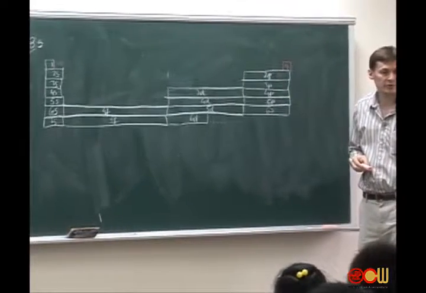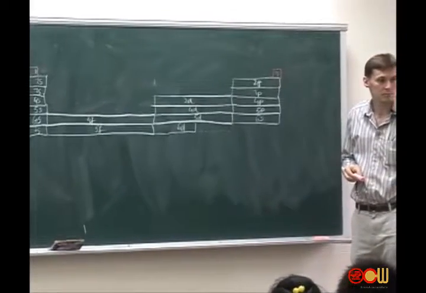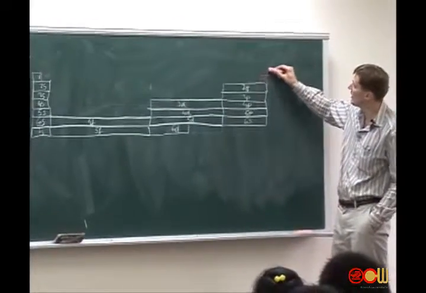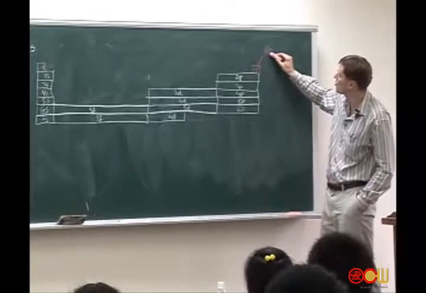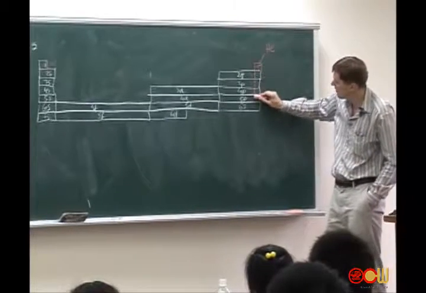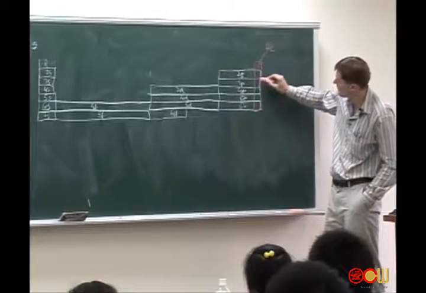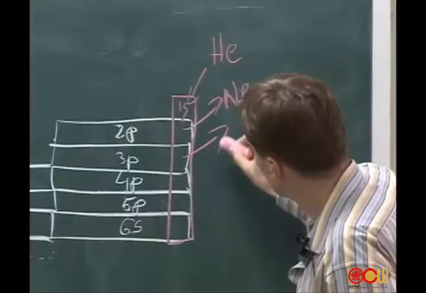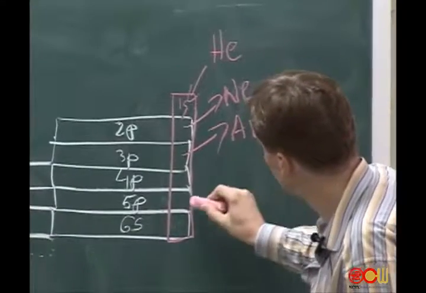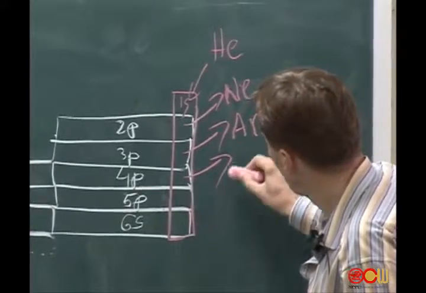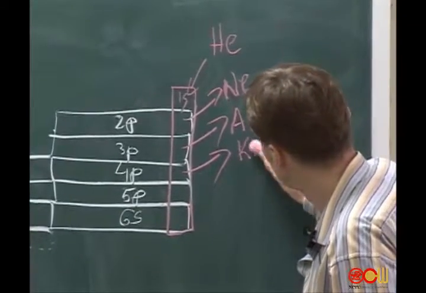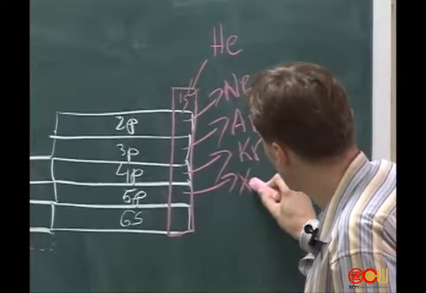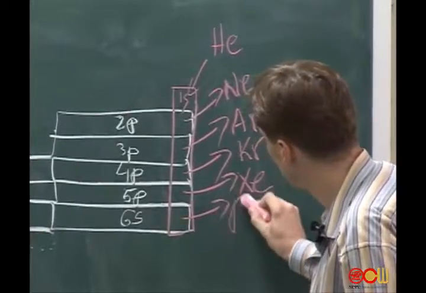The reason for this? It turns out that this element called helium, with 2 electrons, is very similar to elements that are located here. There would be neon, argon, krypton, xenon, and radon.